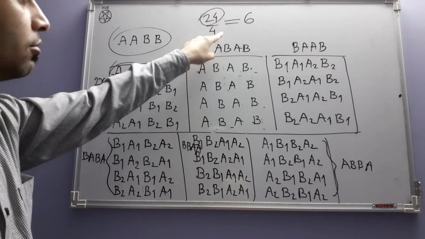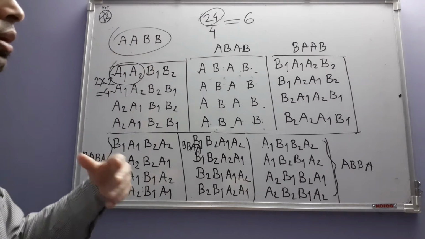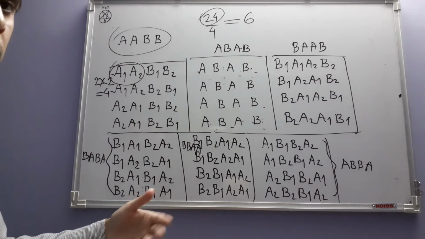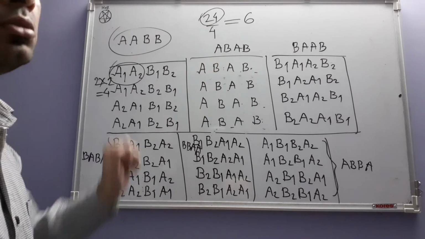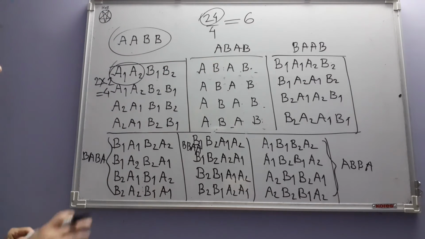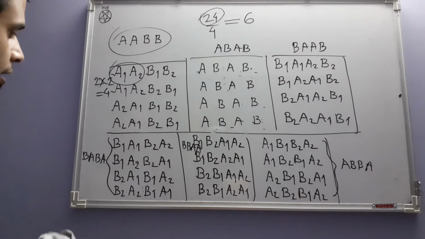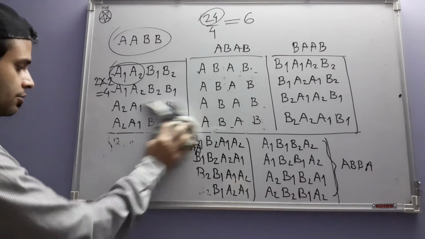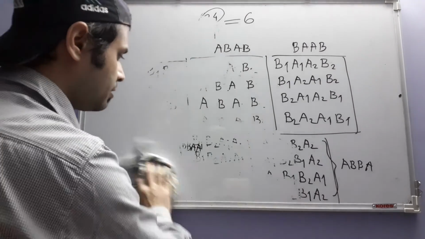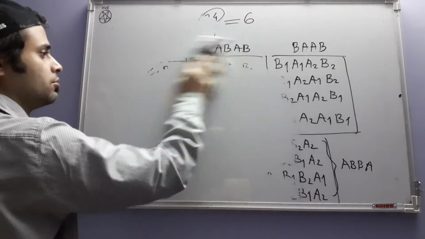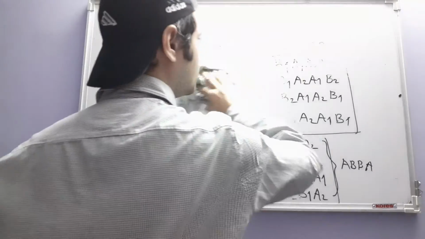We have to take into account how many times a given object is repeated, and divide accordingly by the appropriate number. So this is the technique, and using it you can now see the general situation. I will now write that, and then we will move on to some problems.